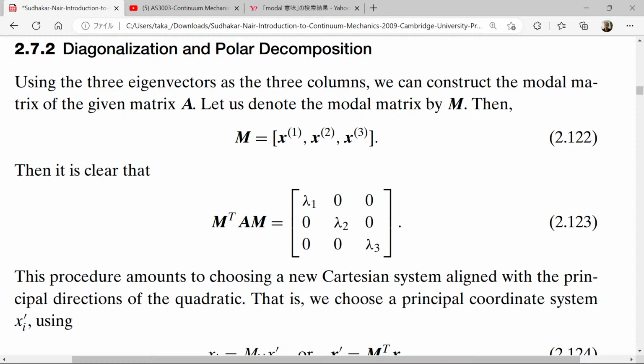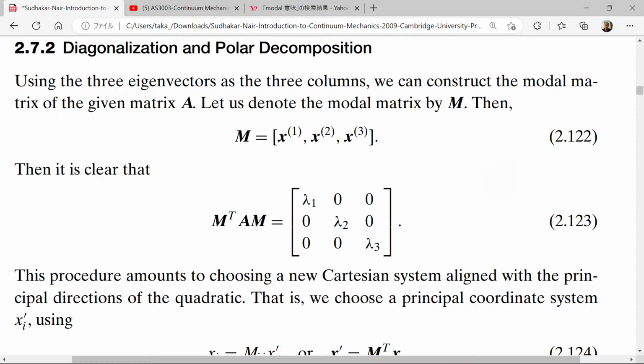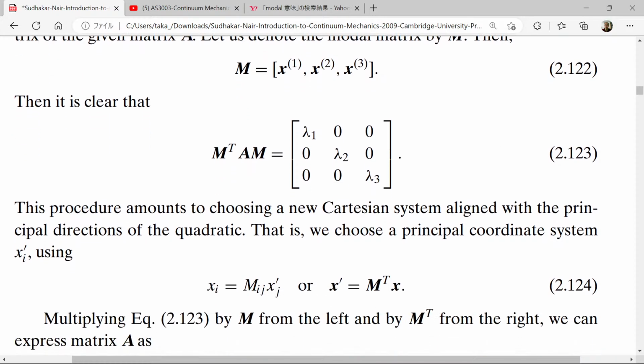This procedure amounts to choosing new Cartesian systems aligned with the principal directions of the quadratic.